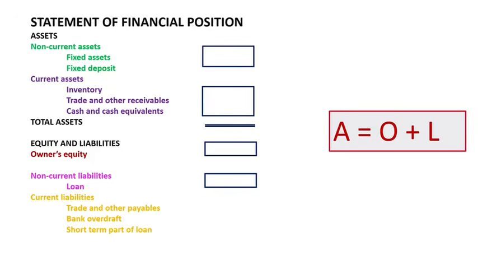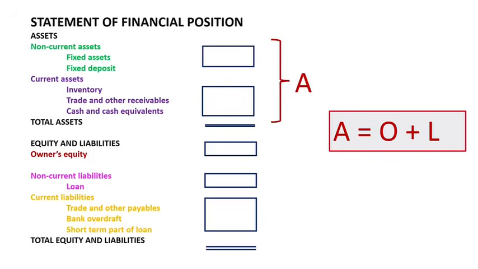And then the short-term part of the loan, that part of the loan that we must repay within the next 12 months, will be a short-term part, and that will be a current liability, moving it from non-current liability to the current liabilities. And then we have the total equity and liability. Assets equals owner's equity plus liabilities.